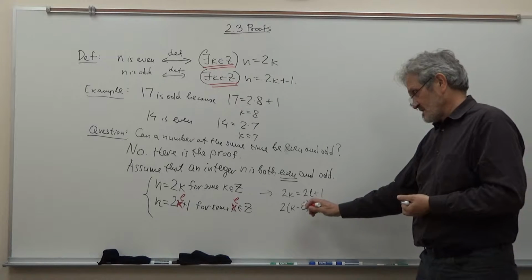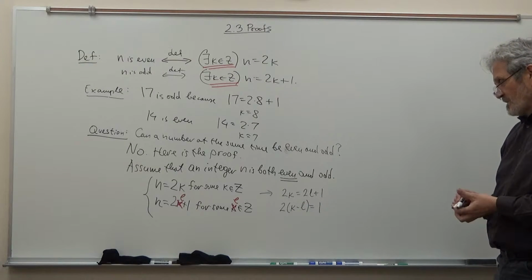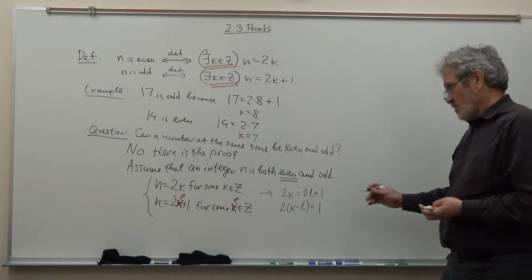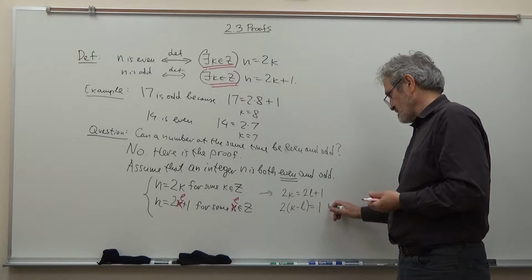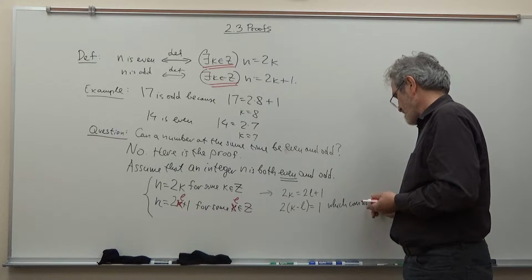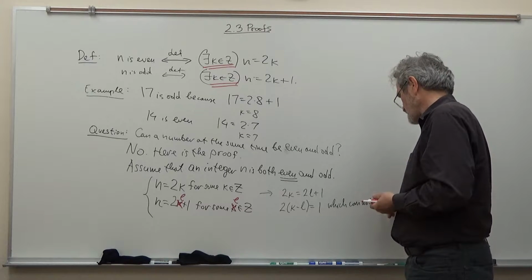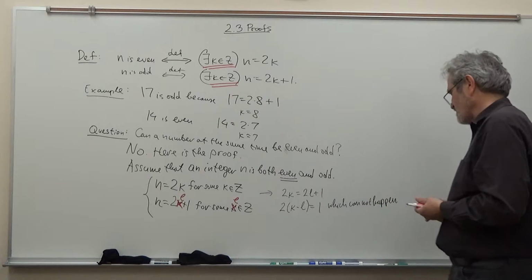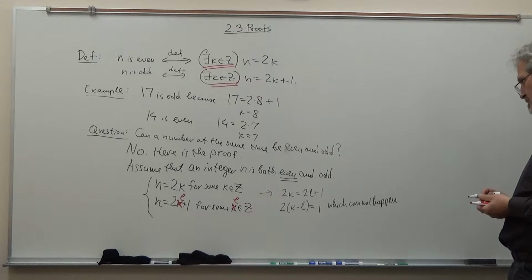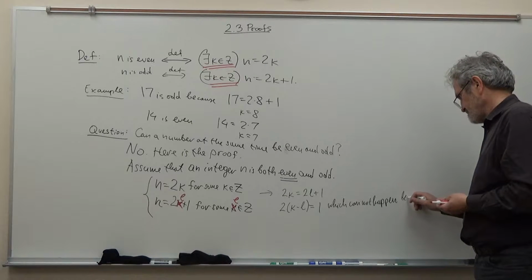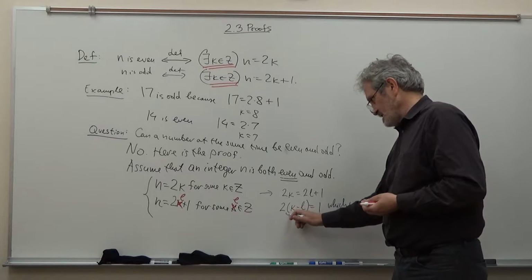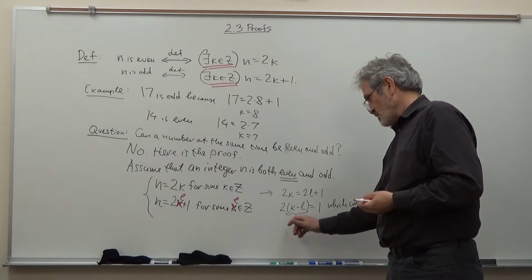Why is this not possible? Because we can say the following, which cannot happen. I'm actually arguing by contradiction here, and in section 2.5 we'll talk more about that type of proof. It cannot happen because k minus l, being an integer, gives us two cases.